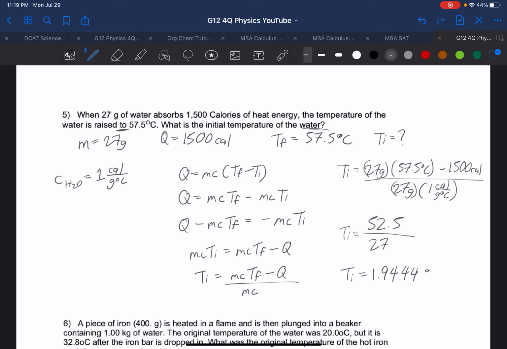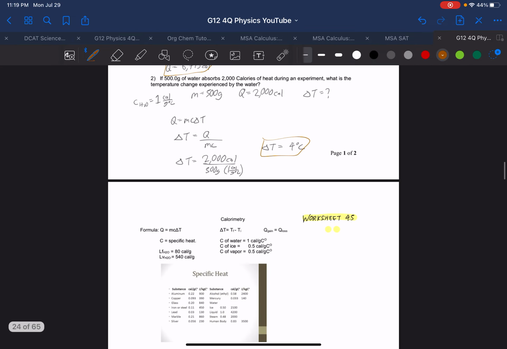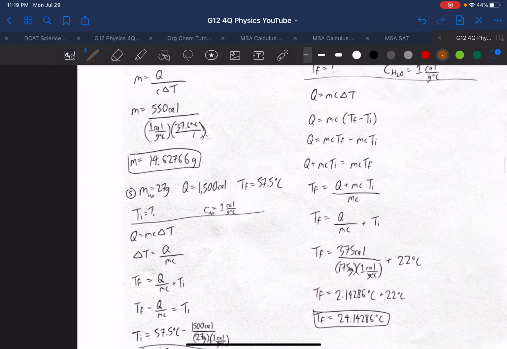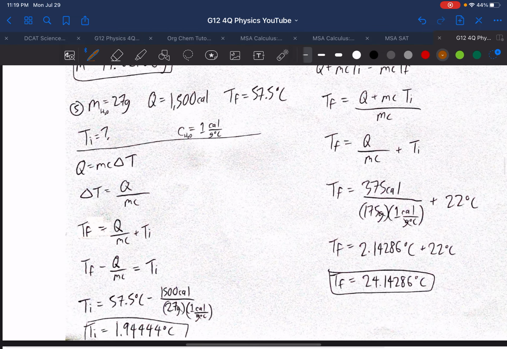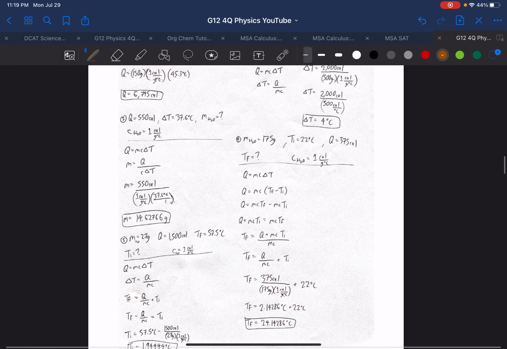And this is temperature, so degrees Celsius is the unit. 1.94. Is that the answer? Yes, sir. Okay.